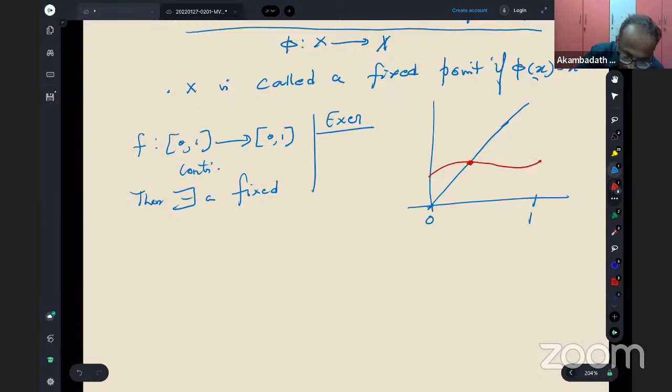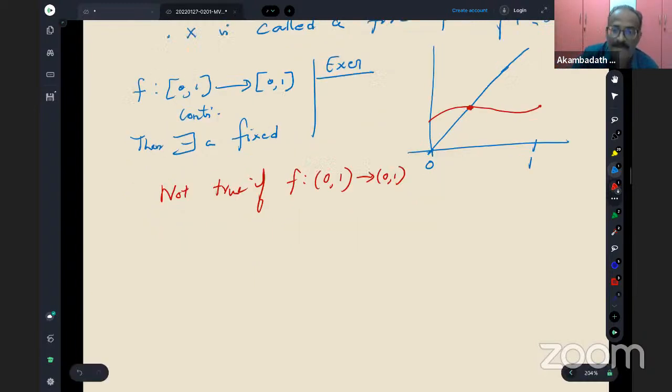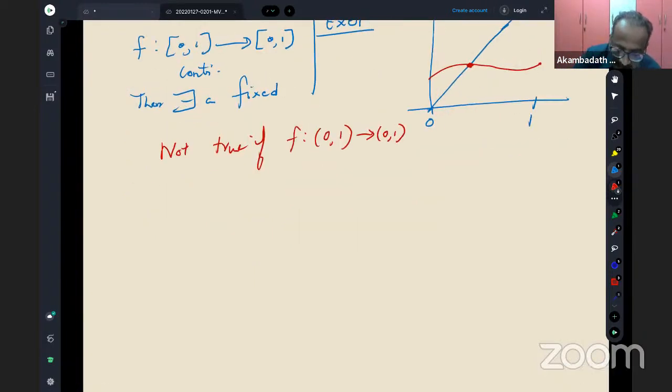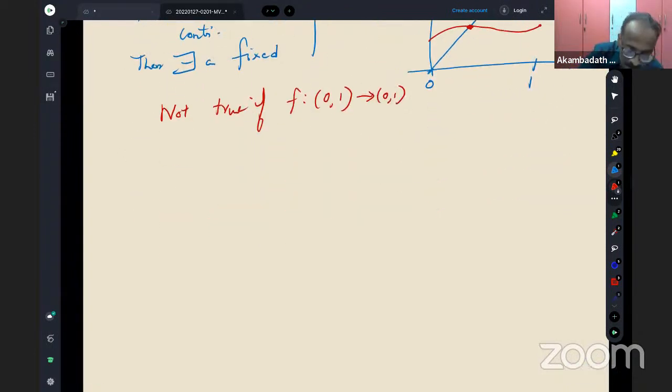It's not true in general if f is from an open set, say (0,1) to (0,1). It may not be true. You can construct such examples. So, okay, the fixed point you can do that way. What's the theorem I want to state? I want one more definition. Maybe I will write it in the theorem itself.